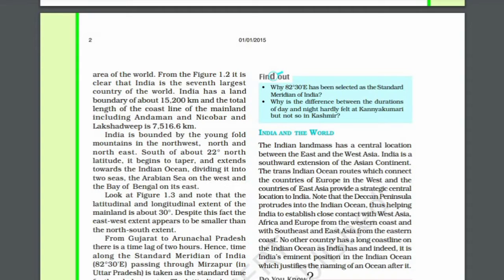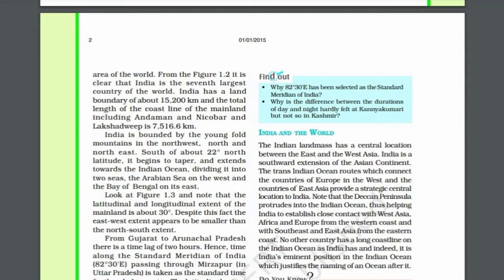It means the shape of India, you can see, tapers and develops into a tip as we go down towards the south, and this portion of India extends towards the Indian Ocean, dividing it into two seas. One is the Arabian Sea on the west and the Bay of Bengal on its east.